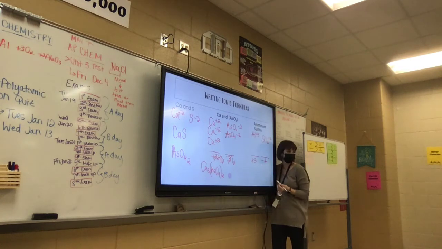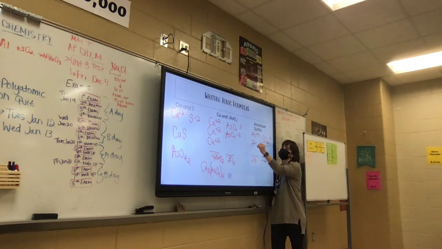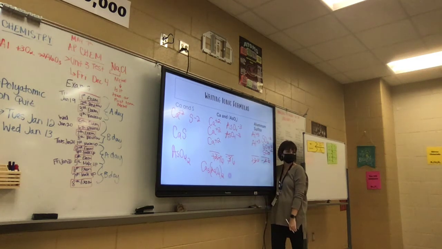So what do I need? 2 aluminums, making that +6, and 3 sulfites. 2 aluminums and 3 sulfites. So I have 2 aluminums to make a +6, and then 3 sulfites to make a -6.